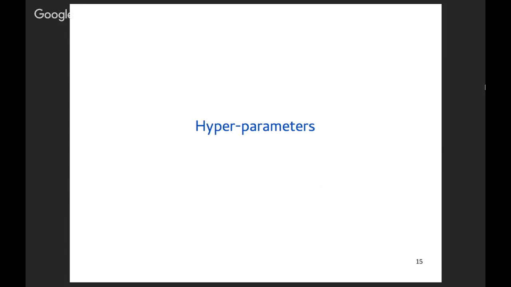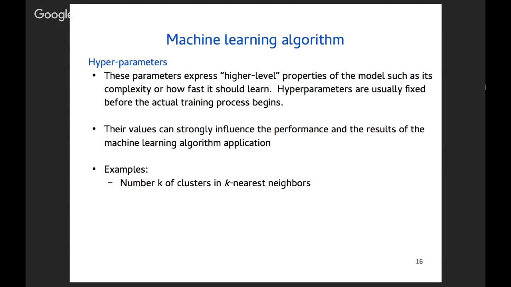One important topic in machine learning is hyperparameters, which are parameters that can change the behavior of your algorithm. They are higher level properties that can model the complexity and how fast your algorithm can work. And the very important thing is that they can strongly influence the results of your application.